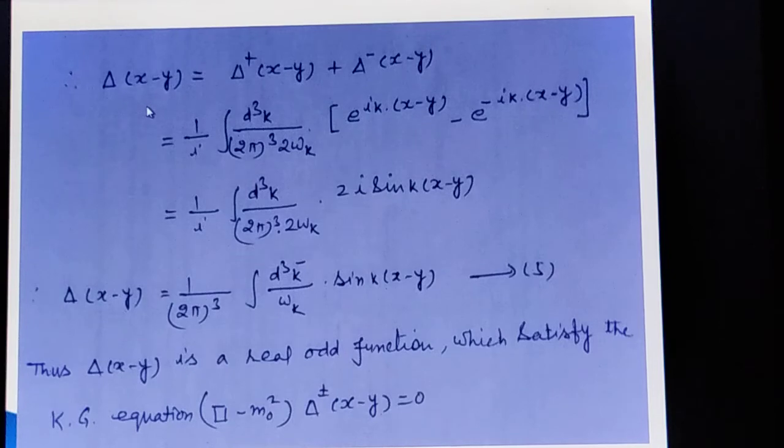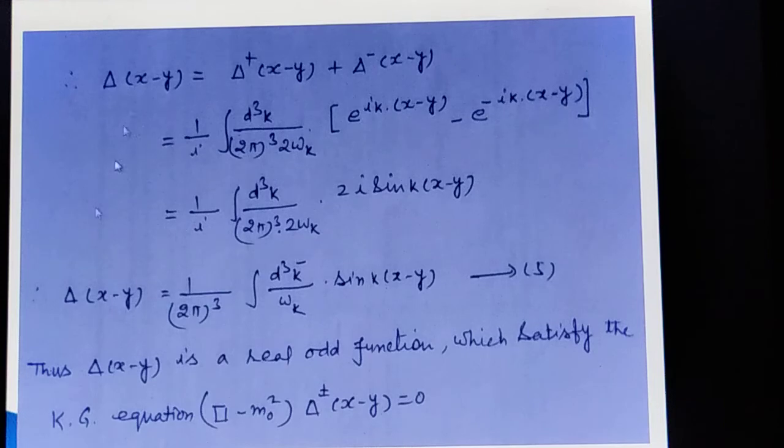So the complete value of delta x minus y will be equivalent to delta plus x minus y plus delta minus x minus y. This is the addition of the delta plus part and the delta minus part, and if you put in the values of delta plus and delta minus, then you have 1 over i times the integration of d3k over (2 pi) cube times 2 omega k, times exponential of i k (x minus y) minus exponential of minus i k (x minus y), and this term is equivalent to 2i sine of k (x minus y).